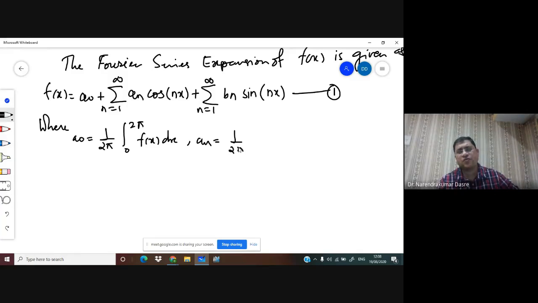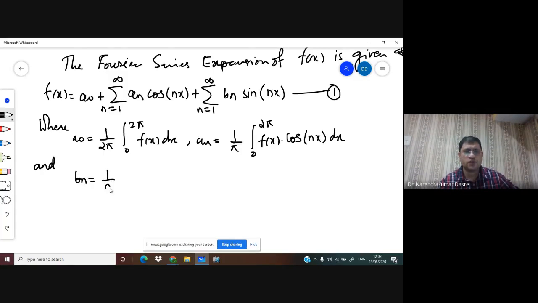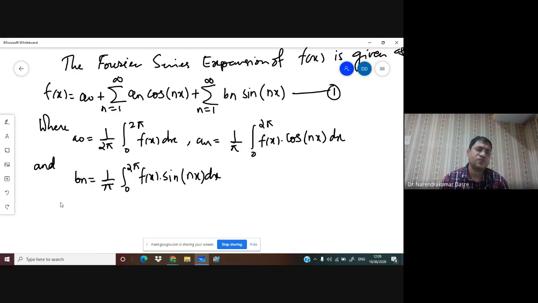An is equal to 1 upon pi integral 0 to 2 pi f of x cos of nx dx, and bn is equal to 1 upon pi integral 0 to 2 pi f of x sine of nx dx. Okay, so that's what we have. Now let us simplify this one by one.